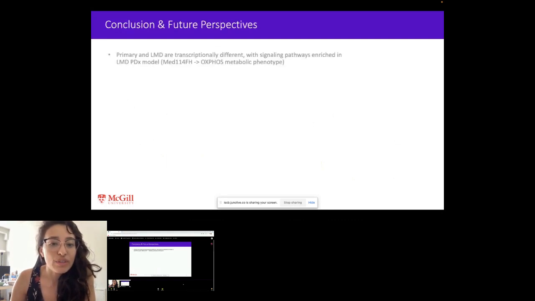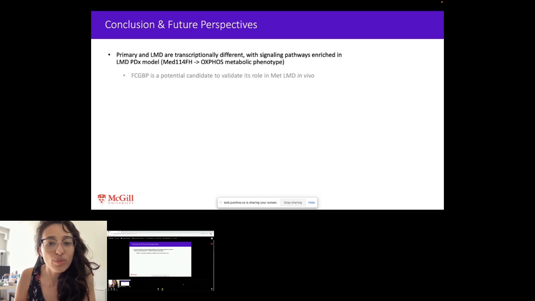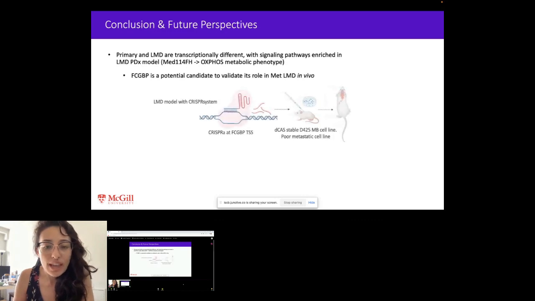And as a future perspective, we have more genes, so we are working to understand what other genes are in common, and to see if we can pull more genes apart from FCGBP. But as I said, FCGBP is right now our potential candidate, and we want to do functional genomics in vivo.